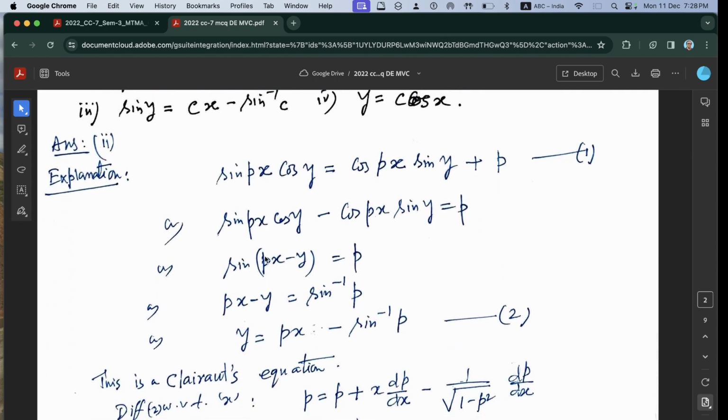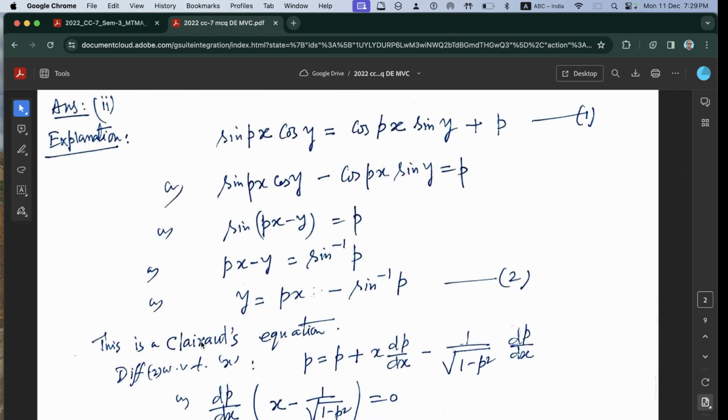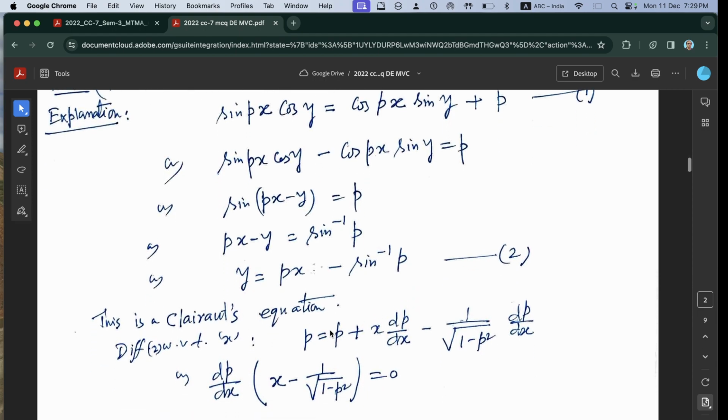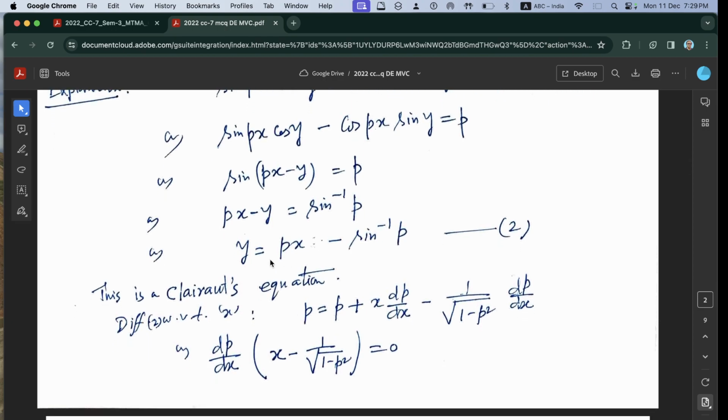So sin(px minus y) equal to p, then px minus y equal to sin inverse p, or y equal to px minus sin inverse p. Obviously, this is a Clairaut's equation, Clairaut's form, y equal to px plus f(p).